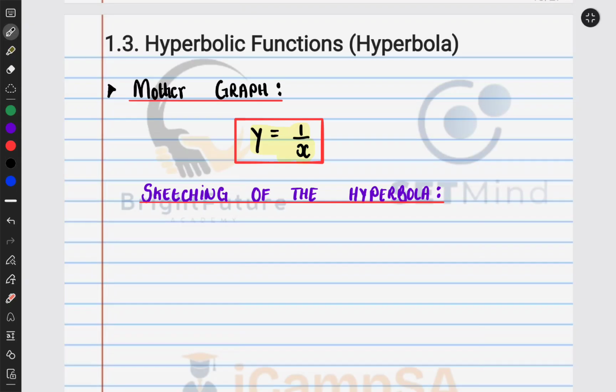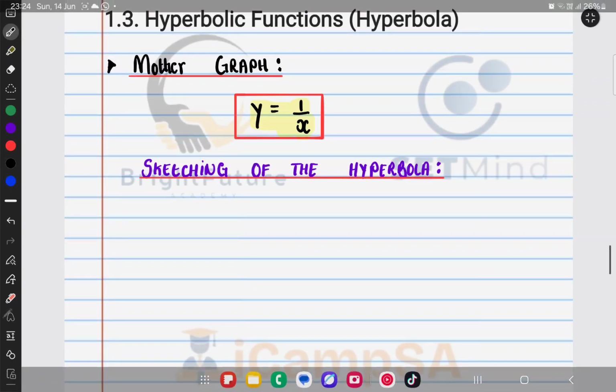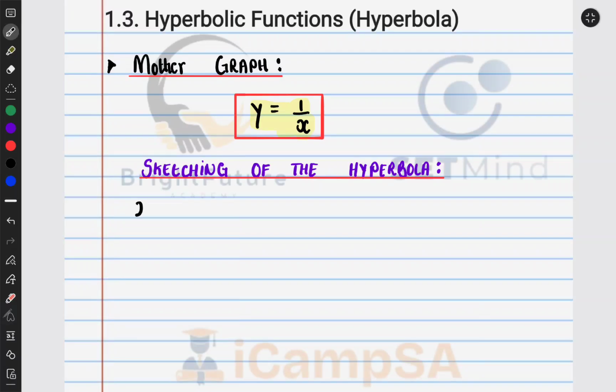But I think the best way for you to see what we mean by an asymptote is to sketch the hyperbola. Just like we did when we were sketching the other functions, let's start with our table. We'll select x values that we'll input into that equation in order to find the y values.